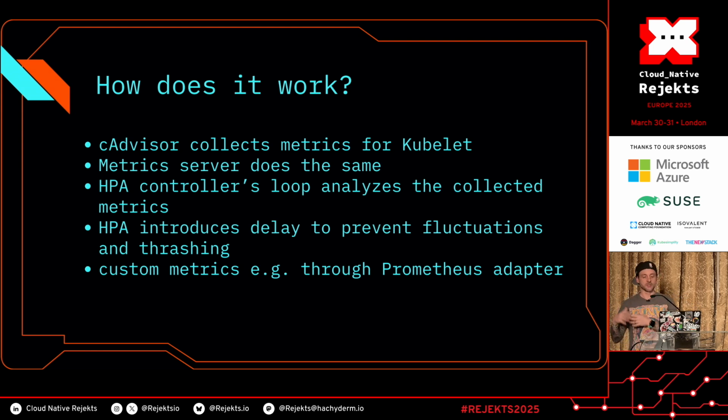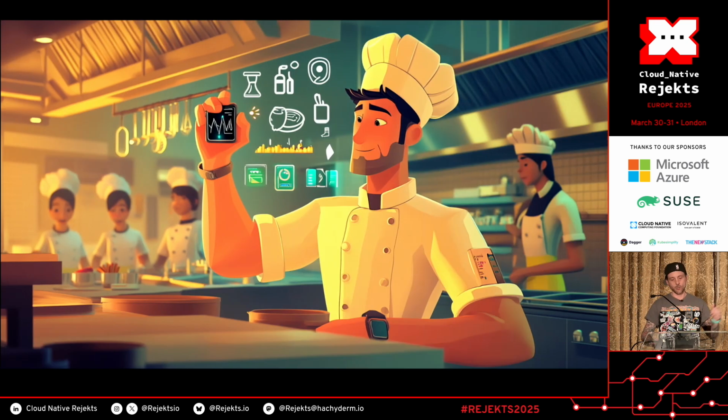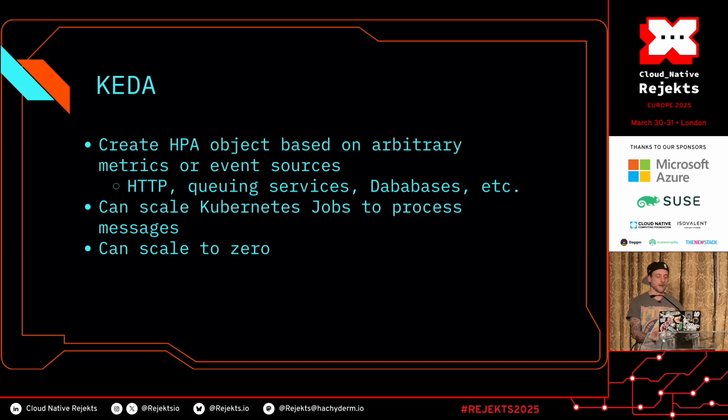But if you want to do smarter things than CPU and memory, use KEDA. HPA cannot scale to 0. KEDA will give you that capability to scale to 0. KEDA is going to automate the creation of HPA, implementing external metrics.